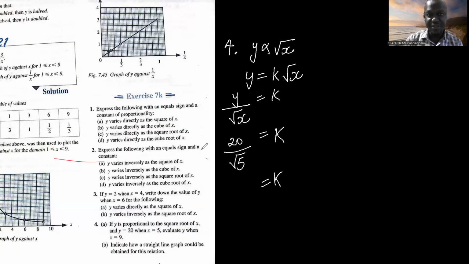Just say you're correct. Sienna, no, you made a mistake. That's not correct. I'll help you out by finding k. What's the value of k? Sienna, 20 divided by root 5, the square root of 5, is how much? What's k equal to, people?